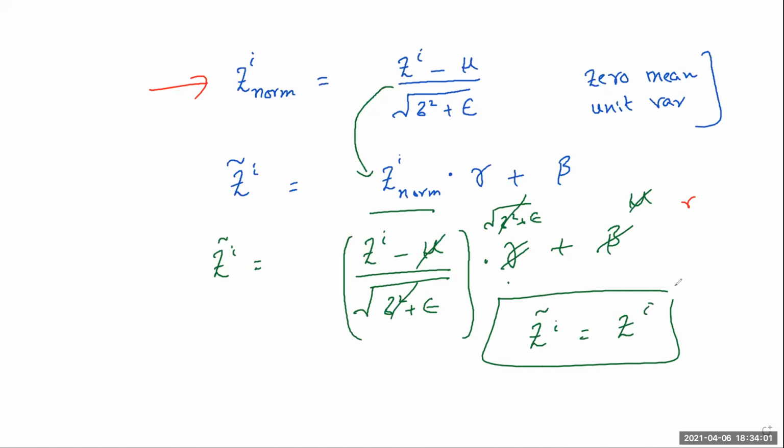So now your network also has the choice that if it thinks that no normalization should be applied, then it can tune the values of gamma and beta in such a way that no normalization is applied, right? So in summary, by using batch normalization with two additional parameters, beta and gamma, we have given the network flexibility. It can choose to have zero mean and unit variance, it can choose to have any other mean or variance, and it can also choose to have no normalization, right?